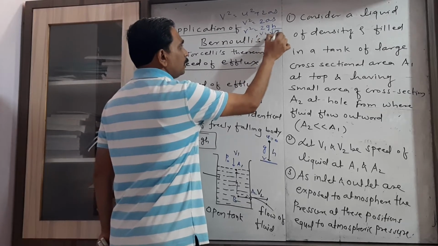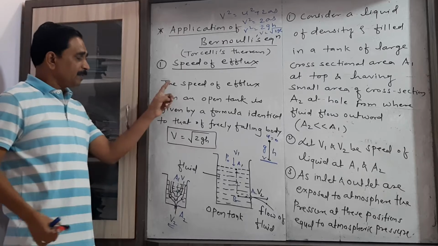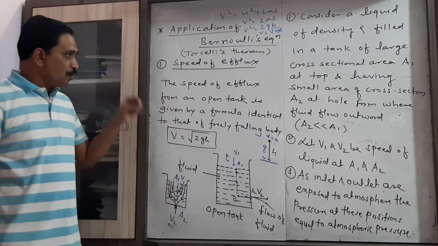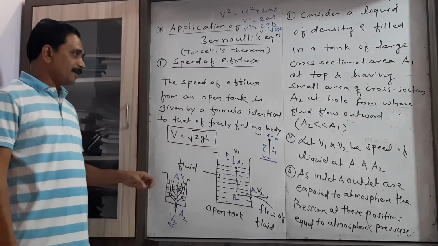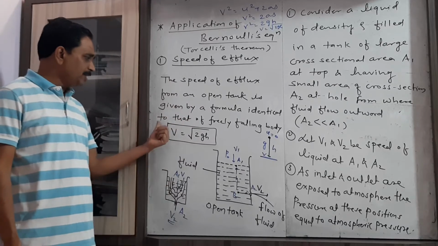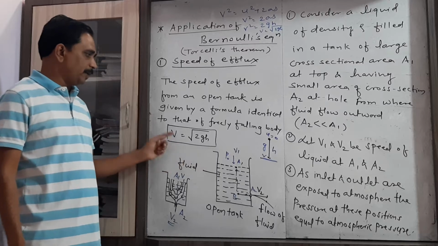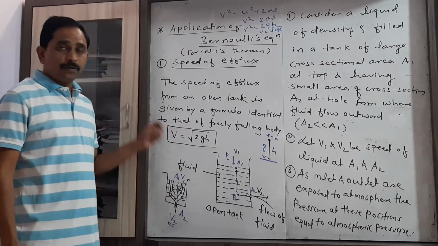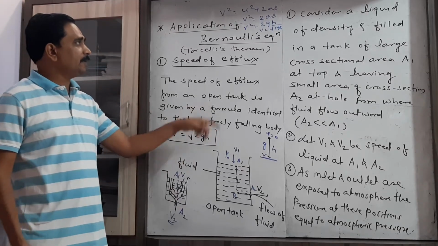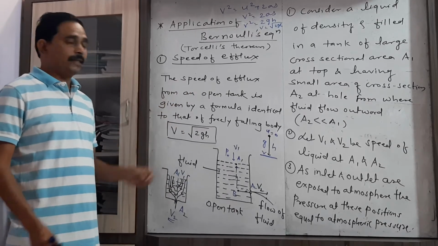Therefore v equal to under root of 2gh. So that's why the speed of efflux from an open tank is given by the formula which is identical to that of the freely falling body, that is v equal to under root of 2gh. This concept is given by Torricelli. That's why it is called Torricelli's theorem.